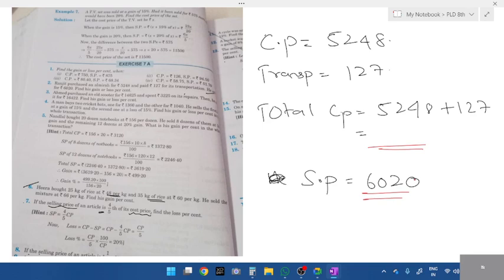Good. 5,375. And selling price is 6,000. Profit or loss? Profit. Then what have they asked us to calculate? Profit percent or loss percent. Calculate, completed.